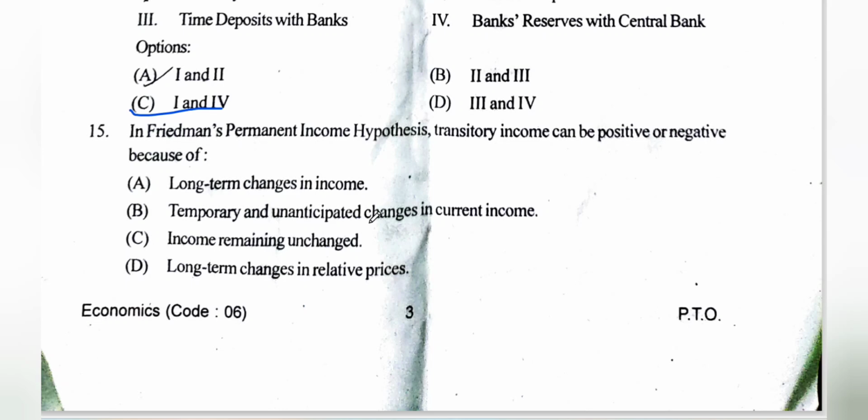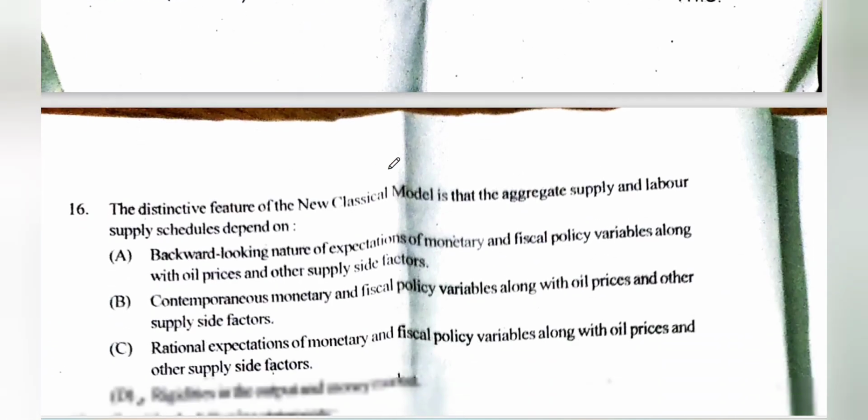So transitory income can be positive or negative due to temporary and unanticipated changes in current income. So here the correct answer is option B, temporary and unanticipated changes in current income lead to positive or negative transitory income.